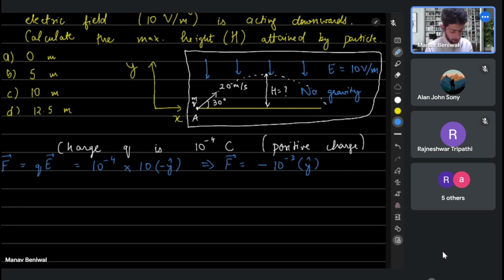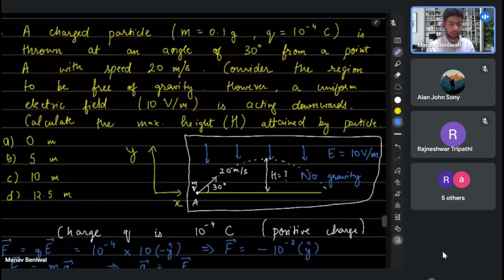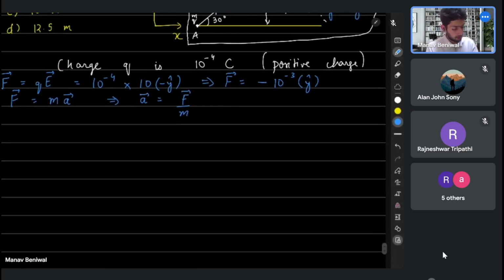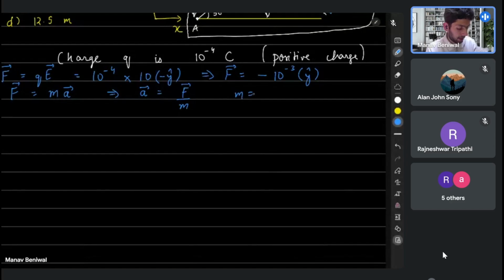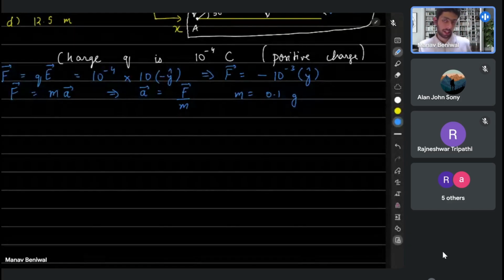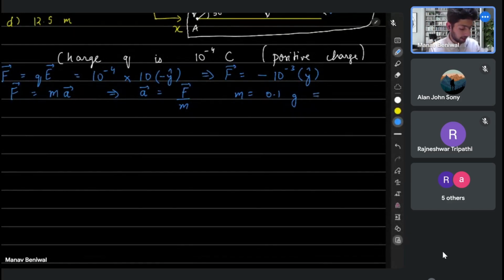Again, we know that F is mass times acceleration, so acceleration is force divided by mass. The mass of our particle is 0.1 gram. We should be careful and use SI units, so we convert it to kg, and this will be 10 to the power minus 4 kg.